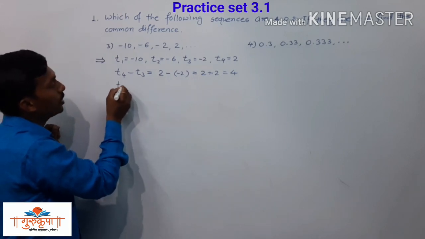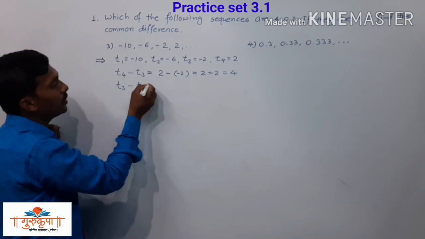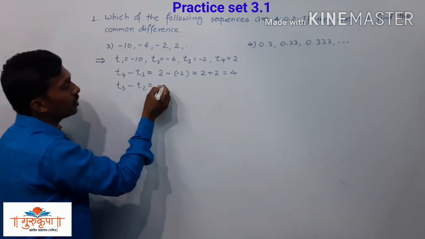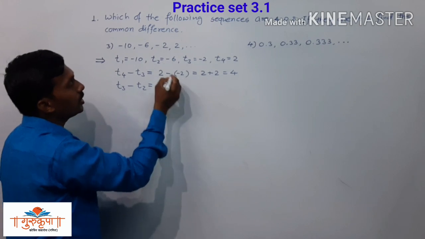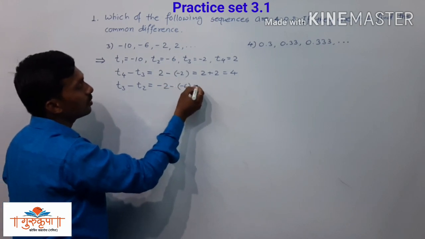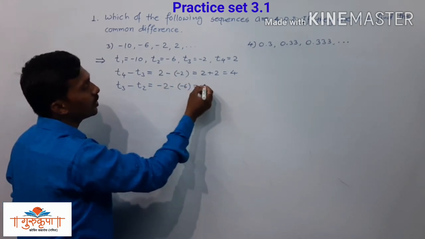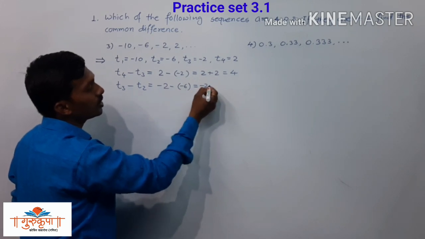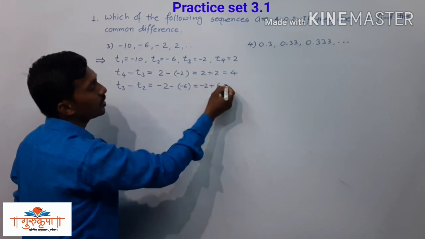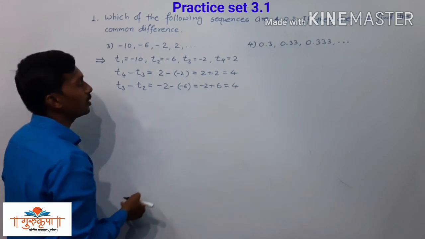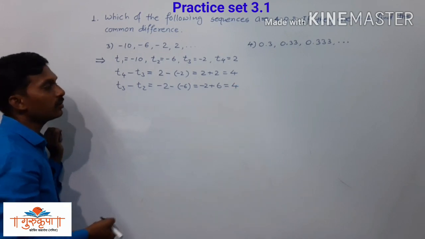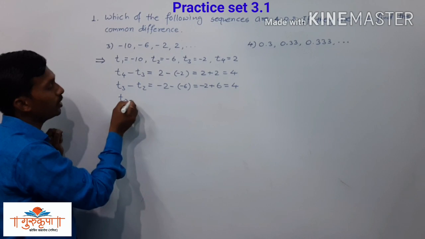Now we have to find T3 minus T2. T3 is given minus 2 minus T2 is given minus 6. We have to simplify this: minus 2 as it is, minus into minus is plus 6, and 6 minus 2 is 4. So T3 minus T2 is again 4. So now we have to find T2 minus T1.